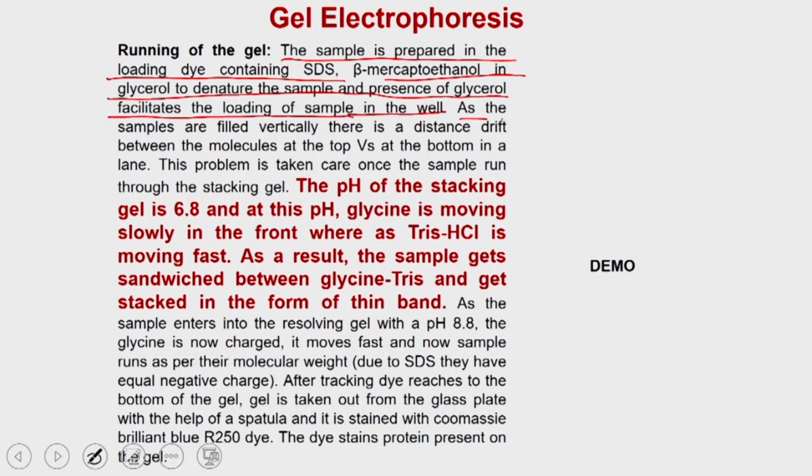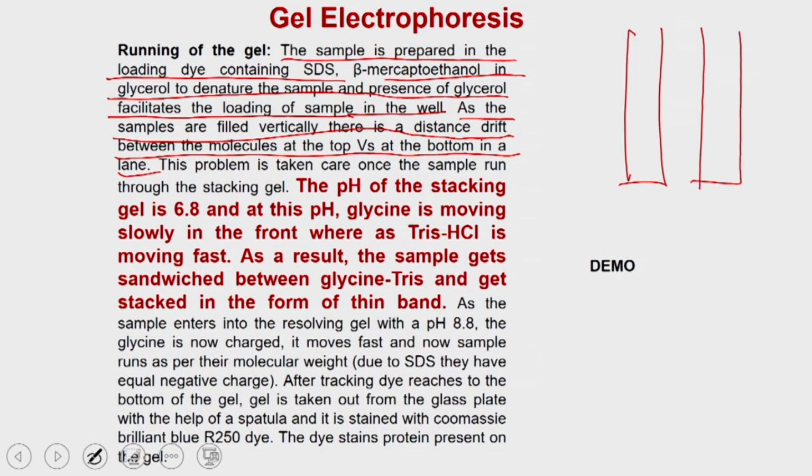As the samples are filled in a vertical gel, there is a distance drift between the molecule at the top versus the molecule at the bottom. In a vertical gel electrophoresis, the lanes are in the vertical direction.